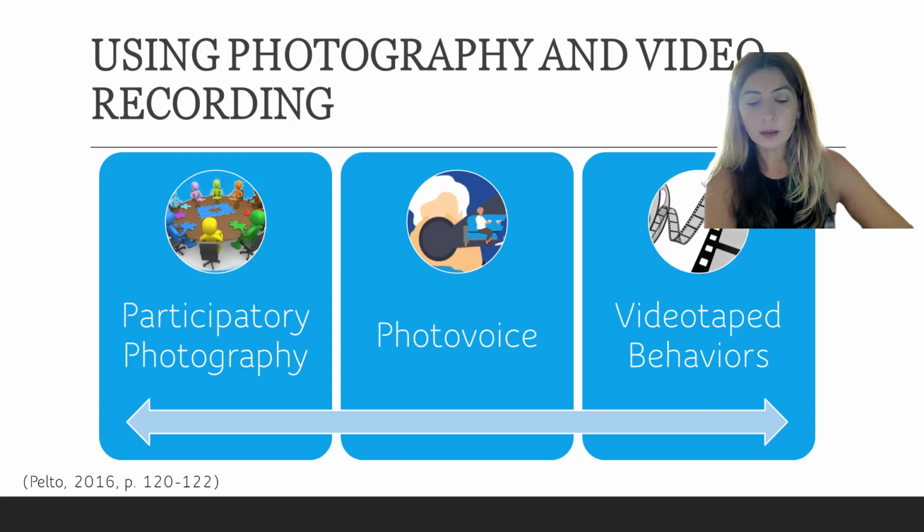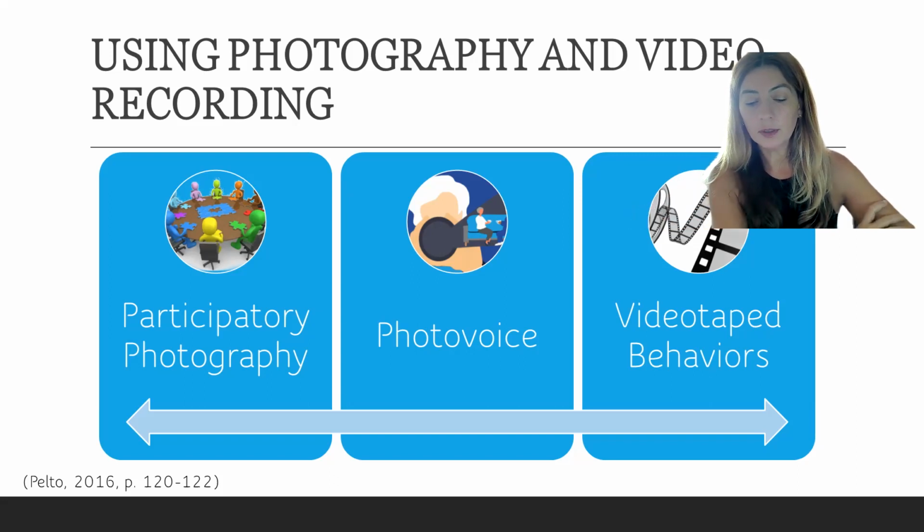Videotaping behaviors. In terms of videotaping, Palto mentions that schools and classroom behaviors are ideal for video recording because the actions take place in a clearly defined location, which is probably the classroom, and they take place on a daily basis.